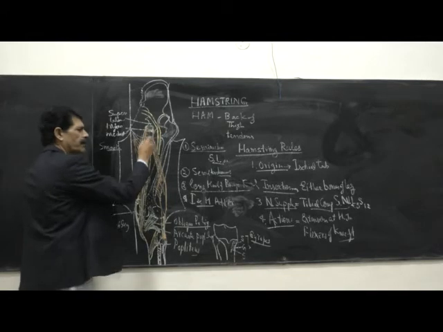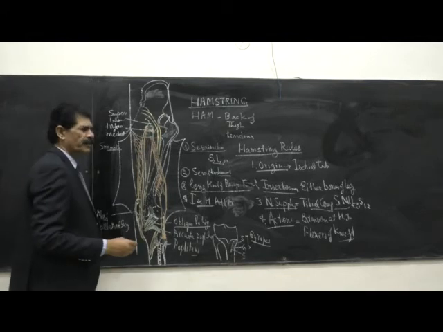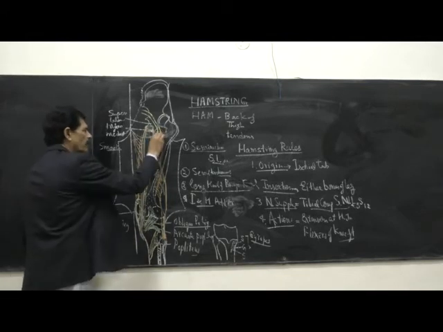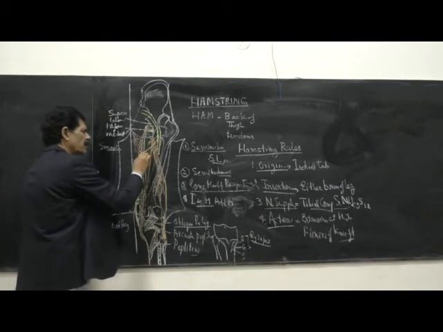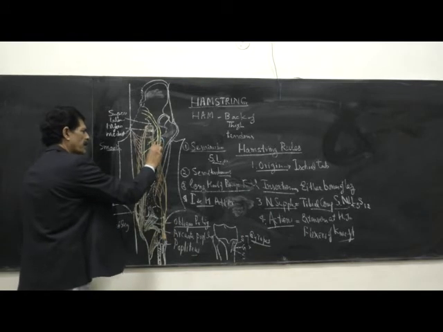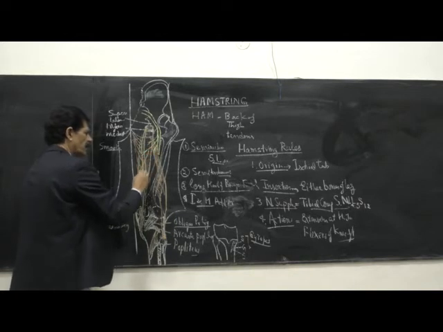So from the medial part of this sciatic nerve, the branches arise which supply the semimembranosus. They supply the semitendinosus muscle. They supply the long head of the biceps muscle, as well as the ischial head of the adductor magnus.